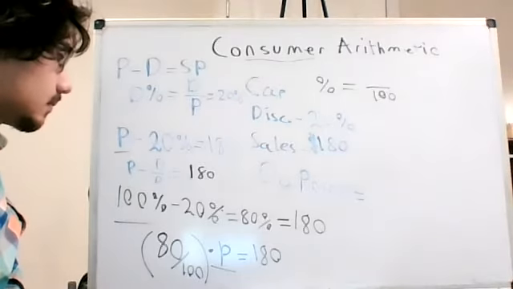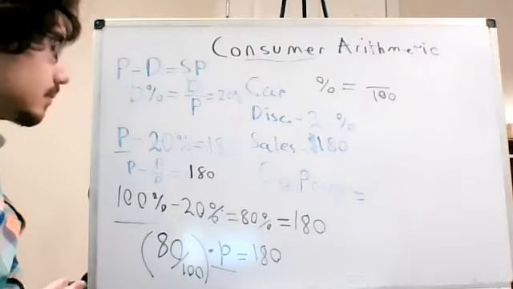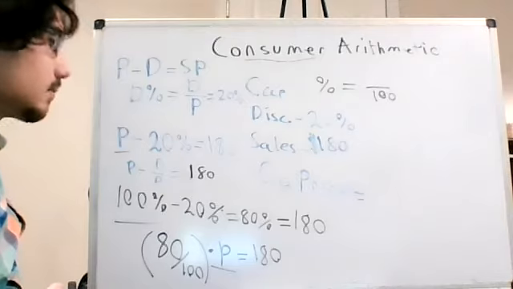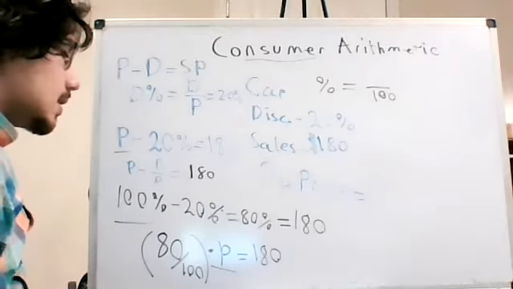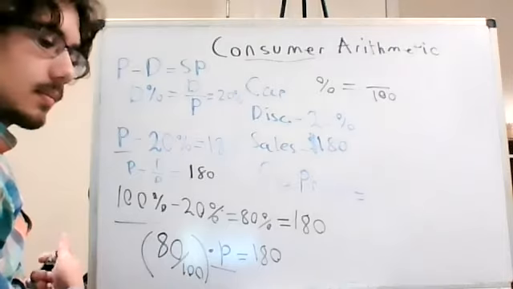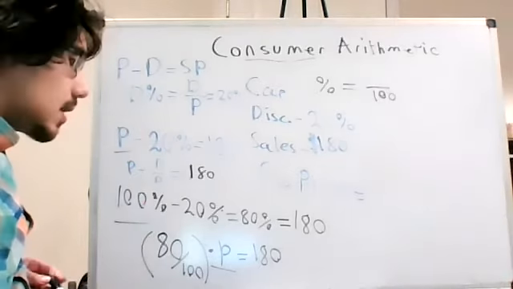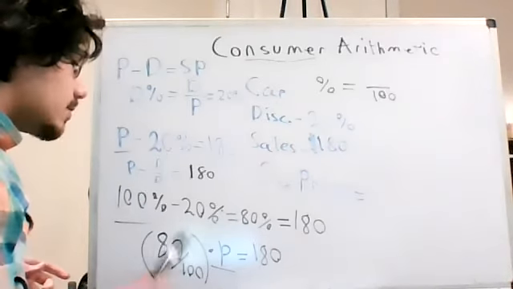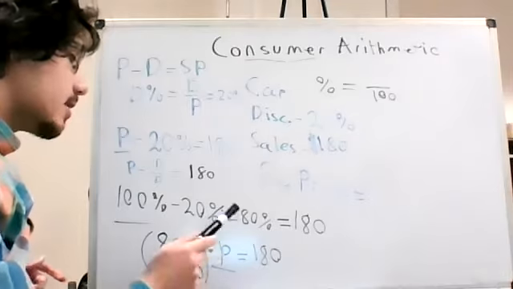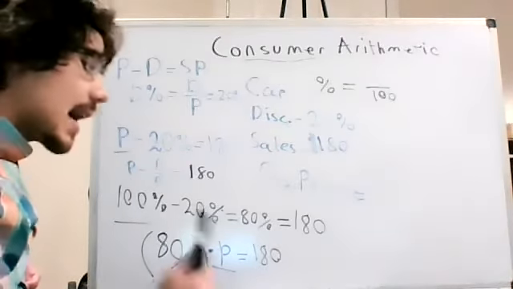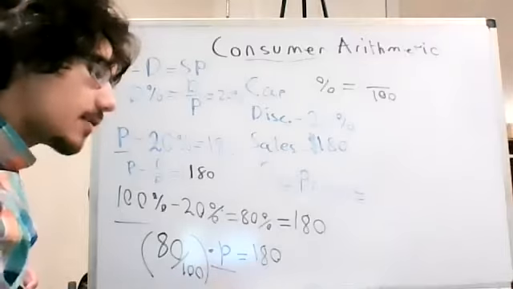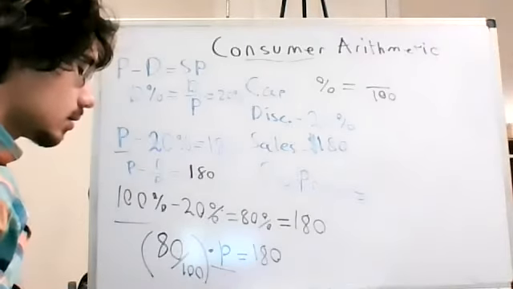Sir, we do the same thing like what we did with the X. Mhm. We do the opposite. Very good. So we have to do the opposite of whatever's attached to the P to get the P by itself. So does the P have something added on, subtracted, multiplied, or divided on?